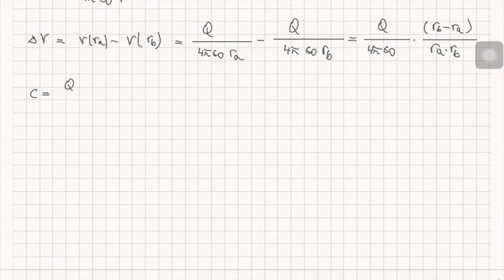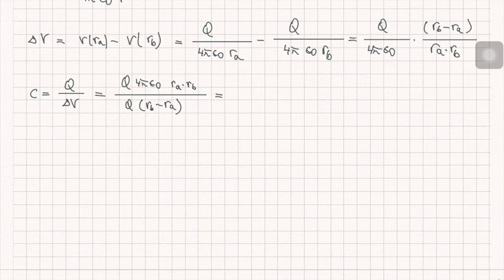The ratio Q divided by delta V equals Q divided by the potential difference, so in the numerator also RB minus RA, and in the denominator 4 pi epsilon naught RA times RB.